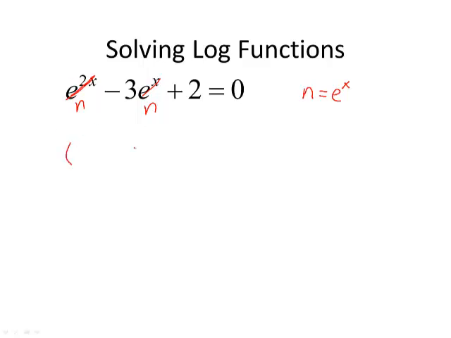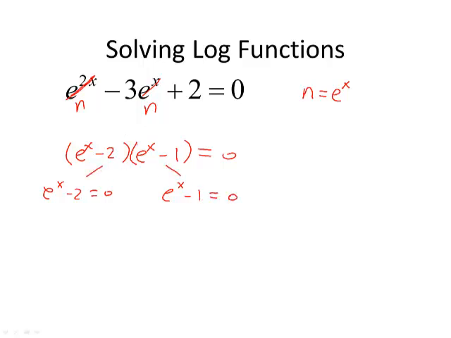So now this is going to be n squared minus 3n plus 2 is factorable to n minus 2, n minus 1, but n is really e to the x. Alright, and using the zero product property, you split this up and you get e to the x minus 2 is equal to 0, and e to the x minus 1 is equal to 0.